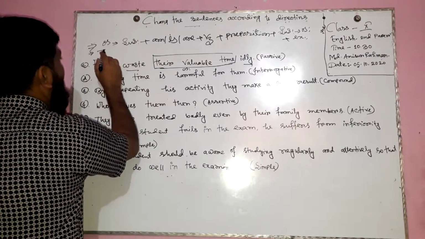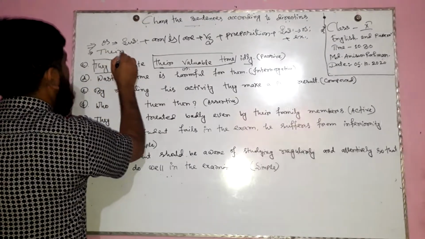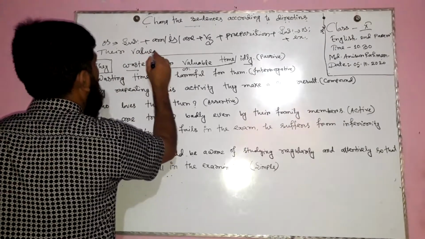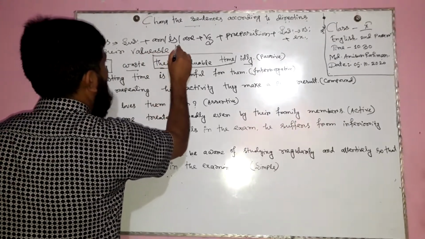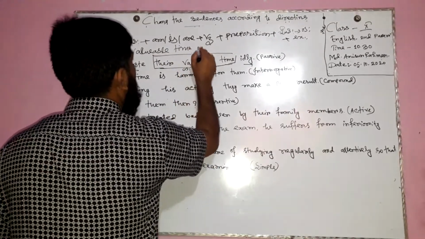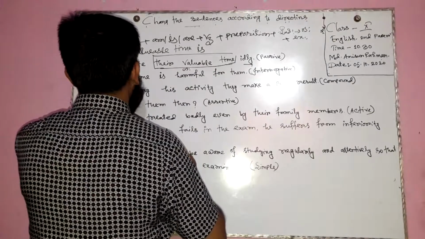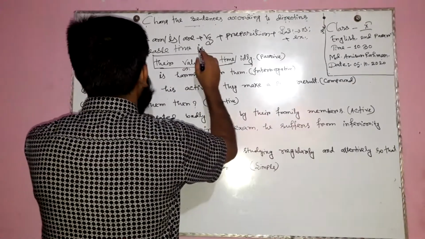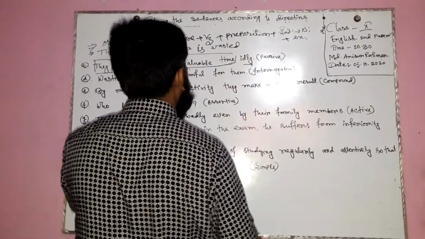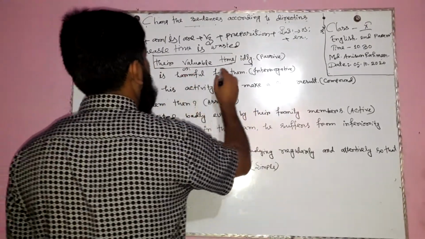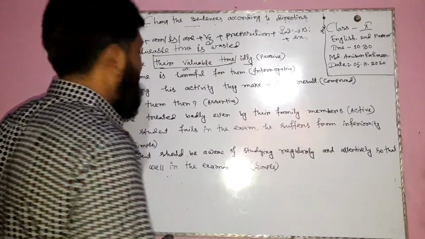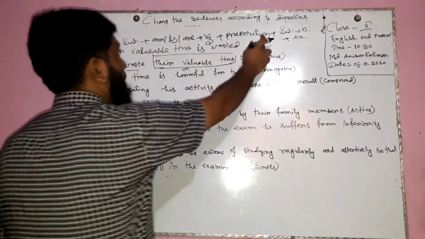So we can write down here: their valuable time is, the main verb is waste, turned into past participle form, wasted. This is also past participle form, wasted. Here is the preposition, because they is the subject, and this subject turns into object here.